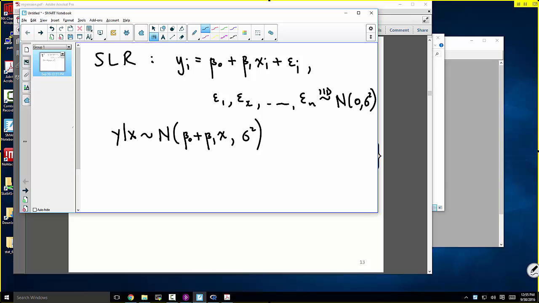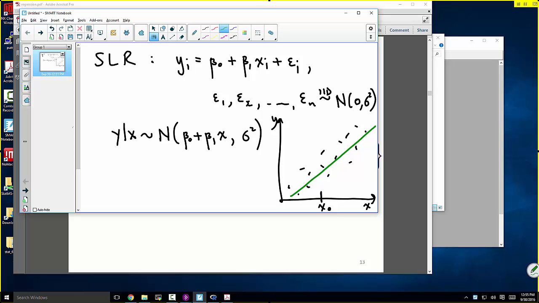That can be visualized if you think back to the original picture we made to motivate regression. We have data, and we say for any particular choice of x, call it x0. Well, so let's step back a moment. We have this data, and we think that underlying the data is a line. On average, y is linearly related to x.